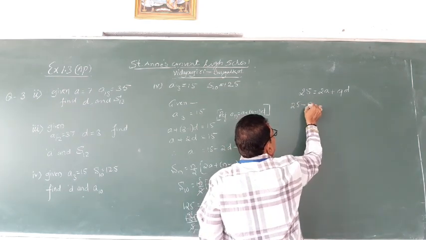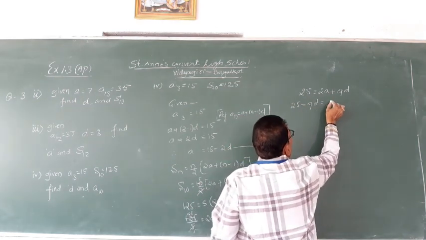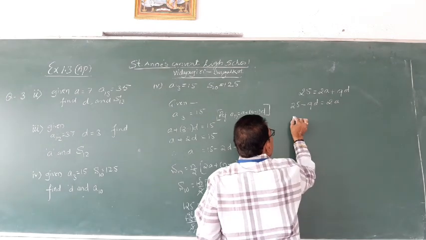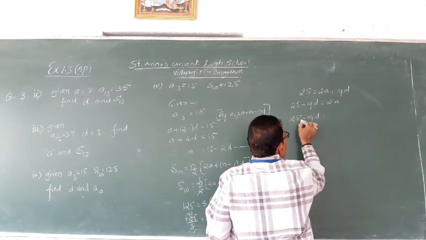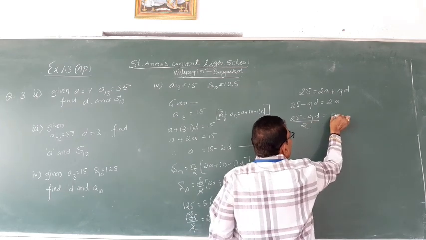Then 25 minus 9d equals 2a. Therefore, (25 minus 9d) divided by 2 equals a.